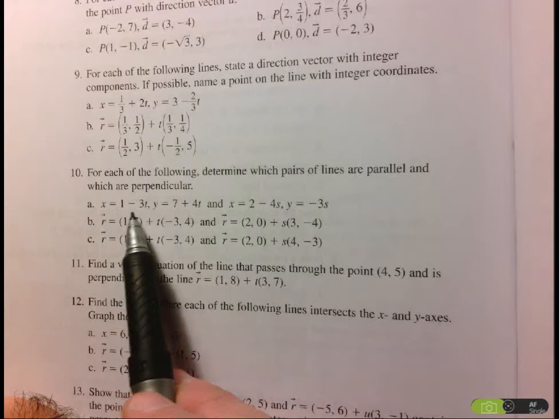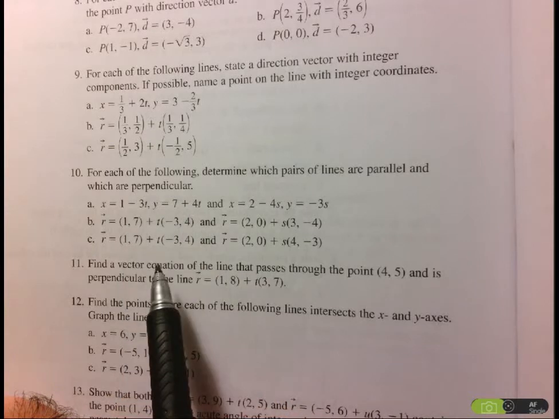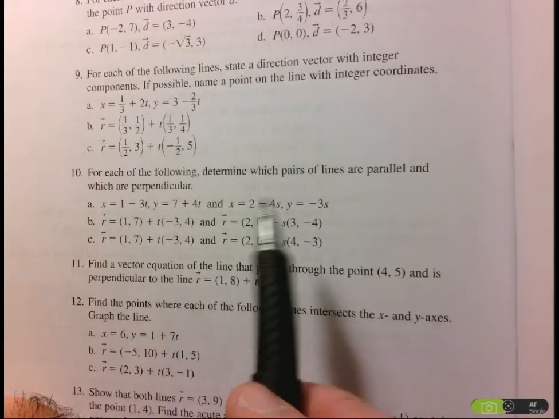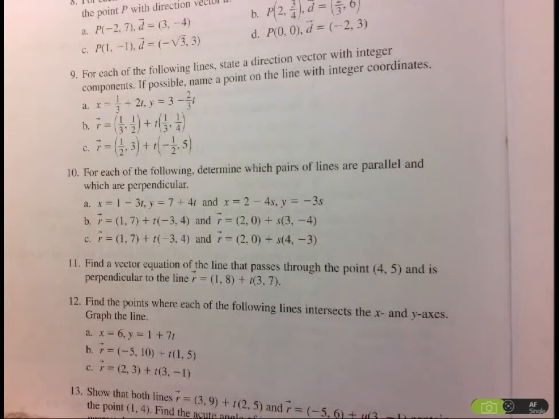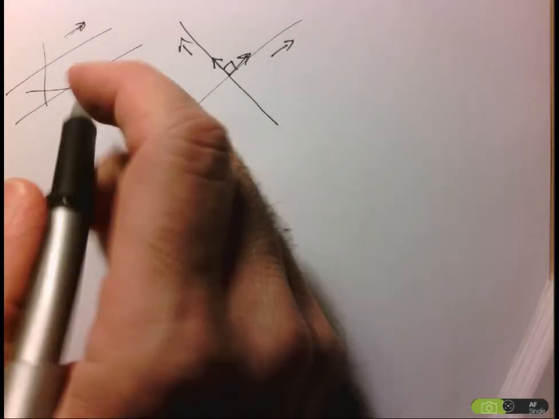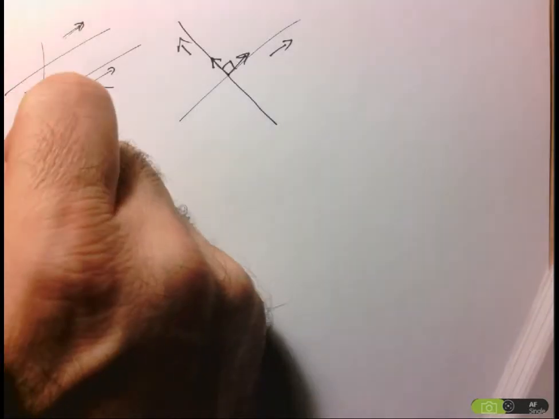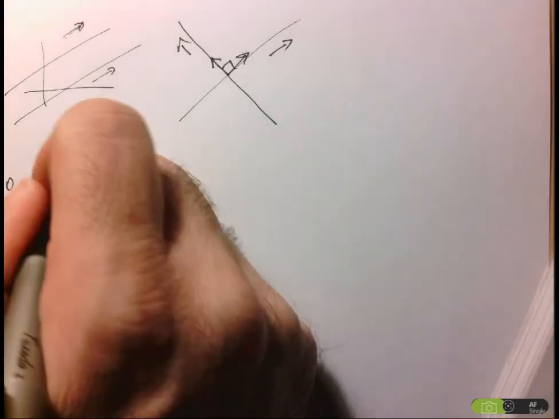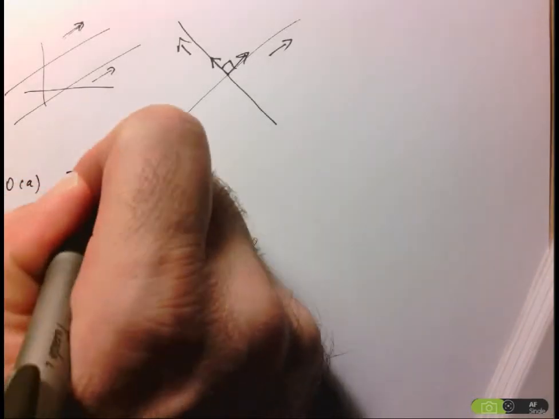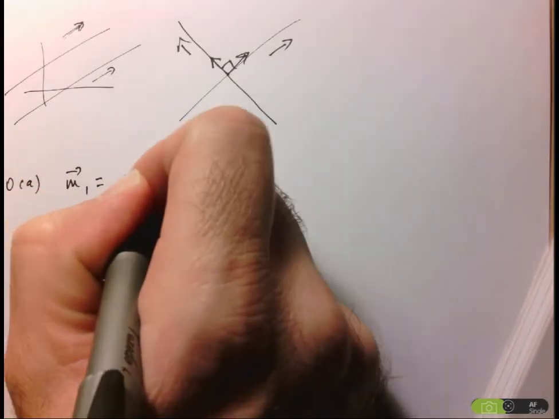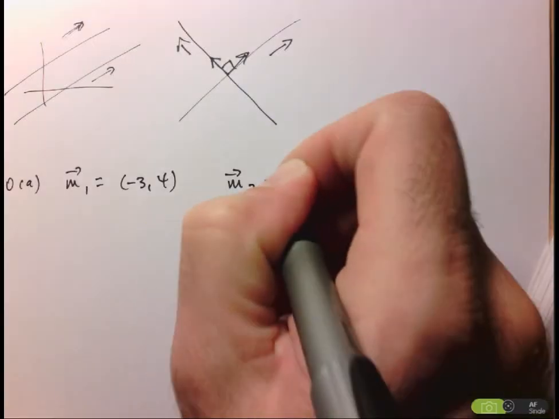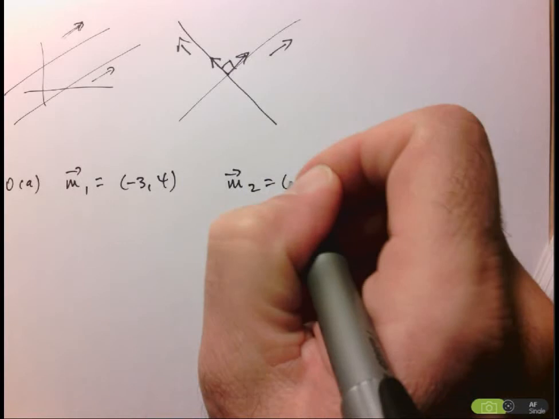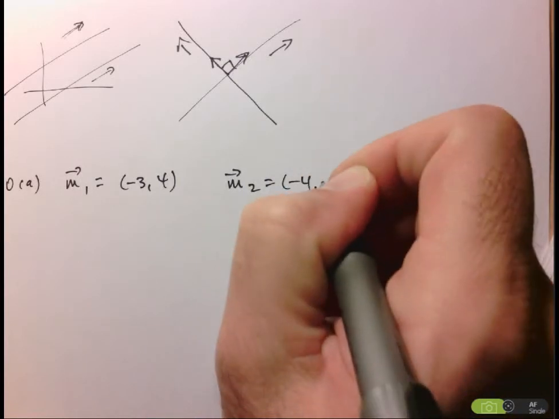So -3, 4 would be one direction vector, and then similarly in the other line, it would be -4, -3. So if we look at 10a, I'll just write them down. The first direction vector is -3, 4, and the second direction vector is -4, -3.